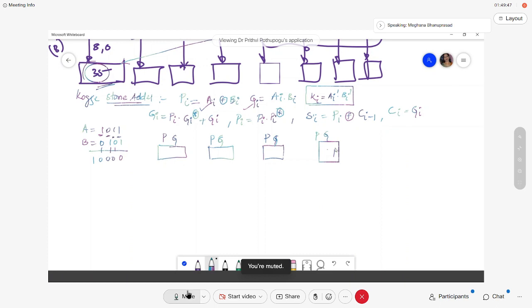No, first, we are not having any carry from the previous stage, no? If generate is 1, propagate is 0, no? Next here, 1 0. Generate is 0. Propagate is 1.